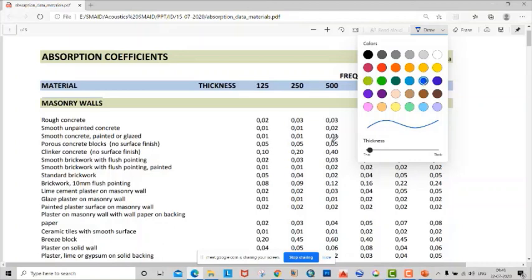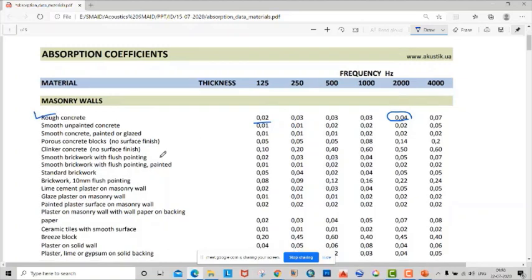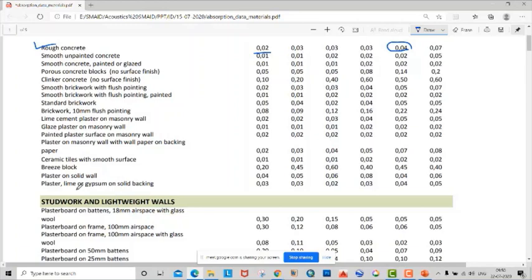At 125 Hertz we have 0.02, this is the sound absorption coefficient, and for higher frequency it is 0.04. So we can say in every frequency this will act as a sound reflective material, that is, not a sound absorber. Like in case of plastered wall, again we have 0.04, again sound reflective material, and for a higher frequency also we have 0.06, that is again sound reflective material.